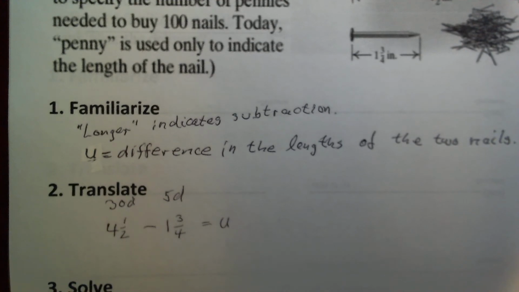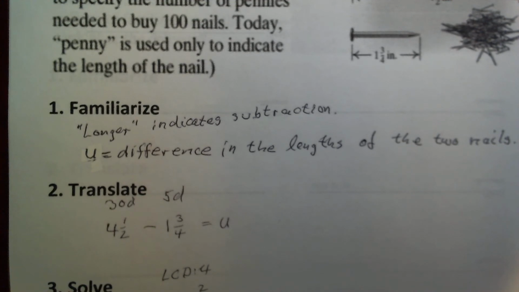And so now the denominators are different, and we notice that the LCD is 4, because 2 goes into 4. So with the new denominator, for the first fractional part, we have 4 2/4 minus 1 3/4.